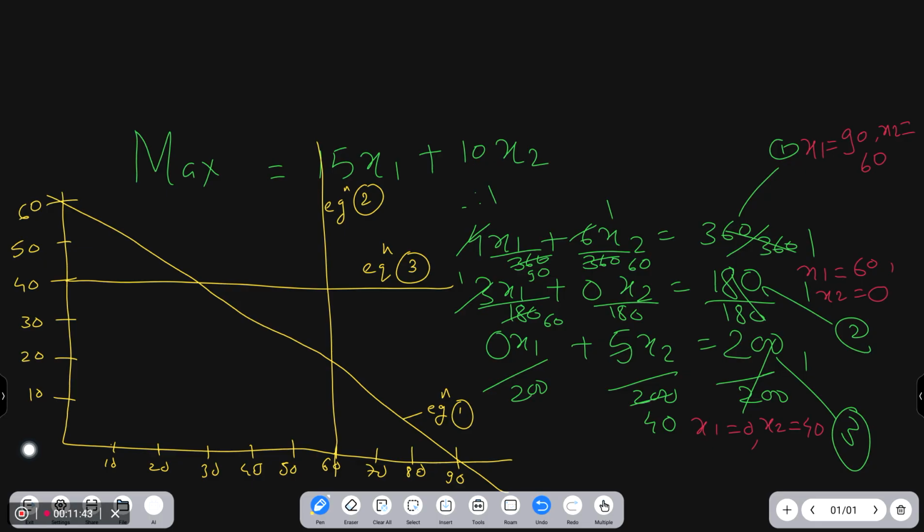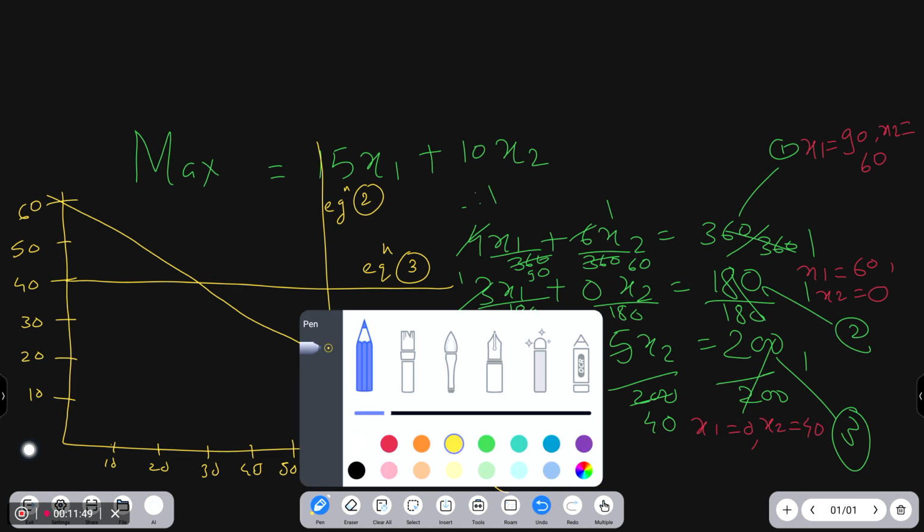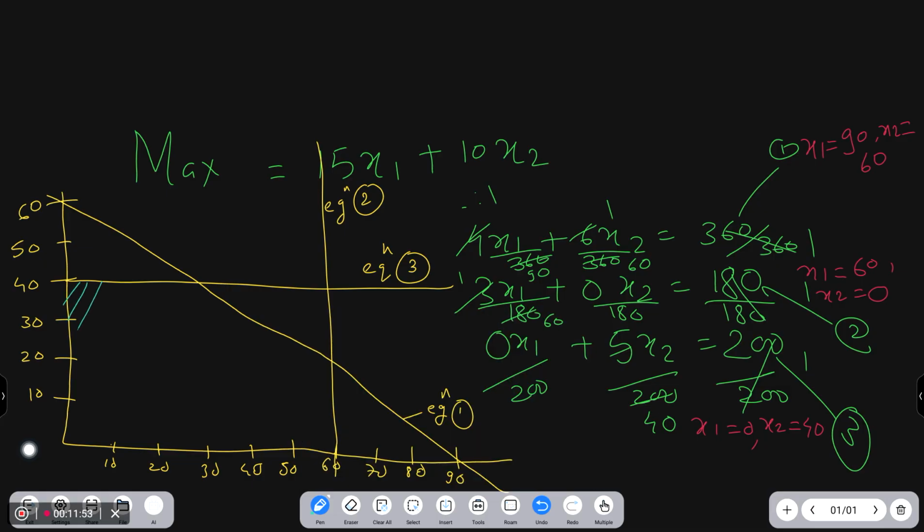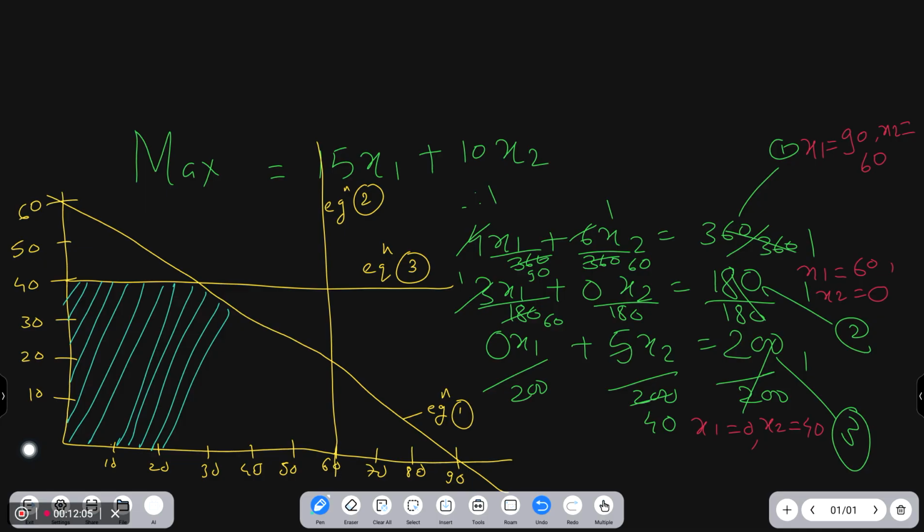Now, what is the nature? All constants are less than or equal to, therefore my region will be this one only. It is completely towards the 0. So you have to mark this region for this problem, as our problem is of the maximization type and the given problem is in canonical form.